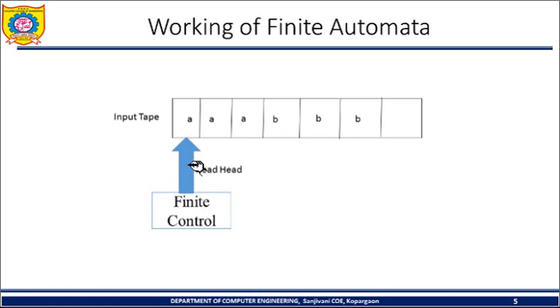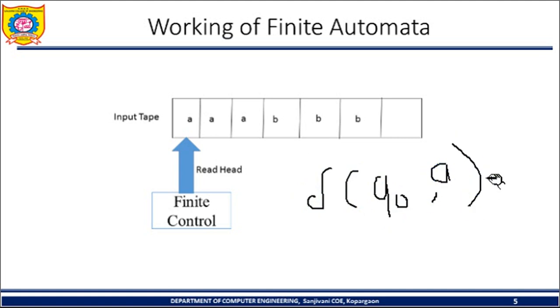Along with this, there is a read head which reads the current cell depending on the finite control. The finite control decides the current state. Let us consider q0 is the current state; with the current input alphabet it gives the next state, and according to that the read head moves towards the right side.